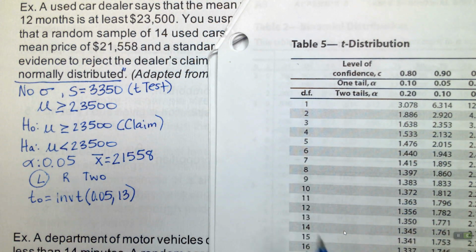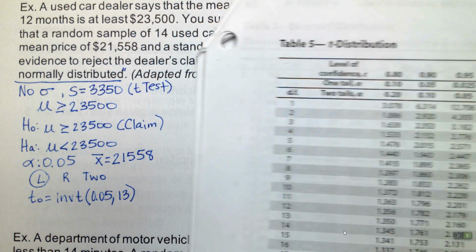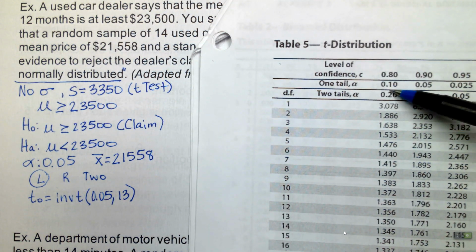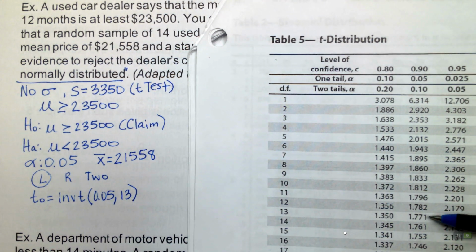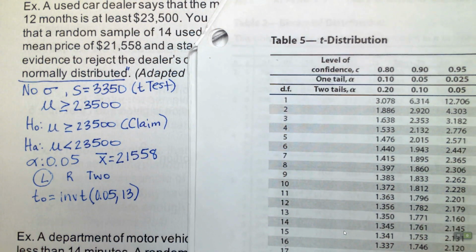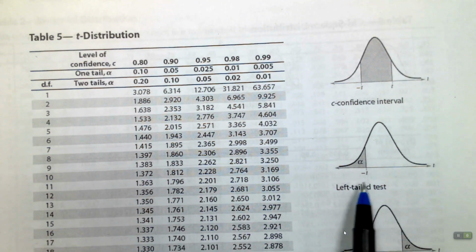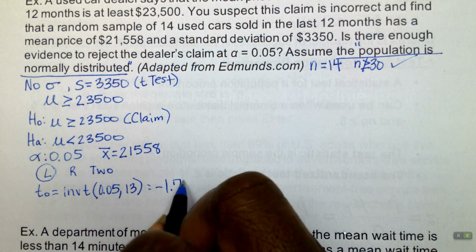All right, so my DF is 13. This is a left tail test. I'm going to the 0.05 column: 1.771, and again, this is saying negative because it's left. So this is going to be negative 1.771.